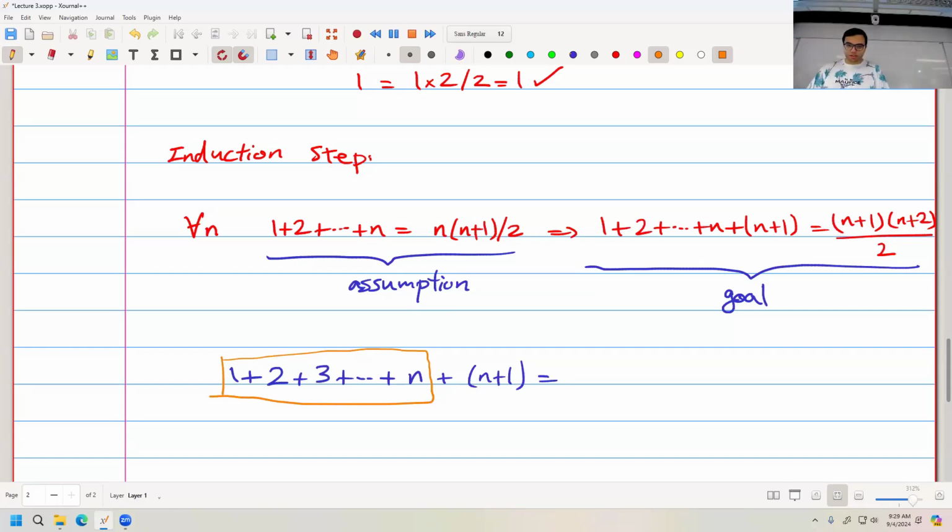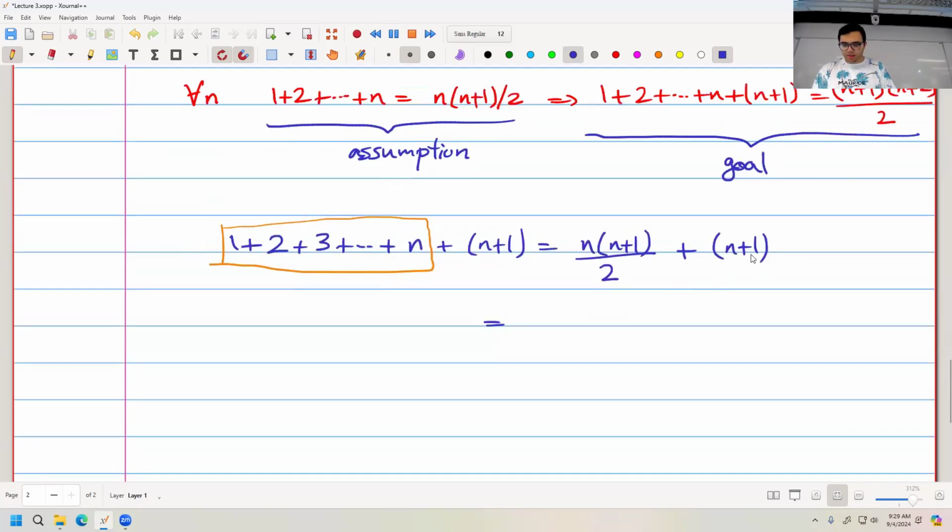Okay, so I can just replace it. I can say this is n times n plus 1 over 2 plus n plus 1. Okay, so I just multiply this by 2 and put it there. So I will get n plus 2 times n plus 1 over 2, which is exactly what I wanted.